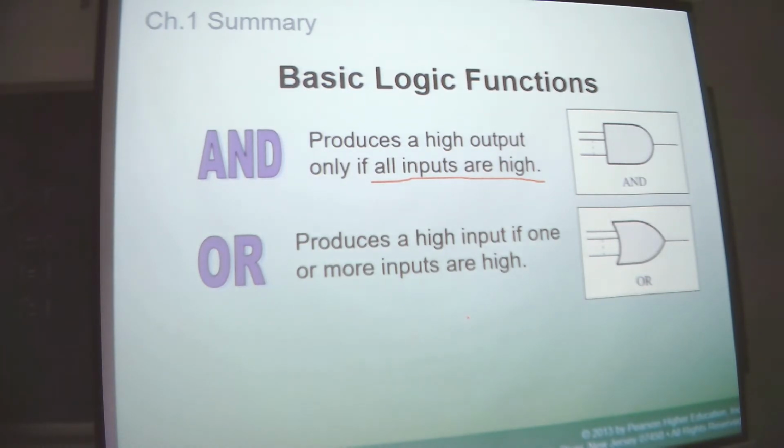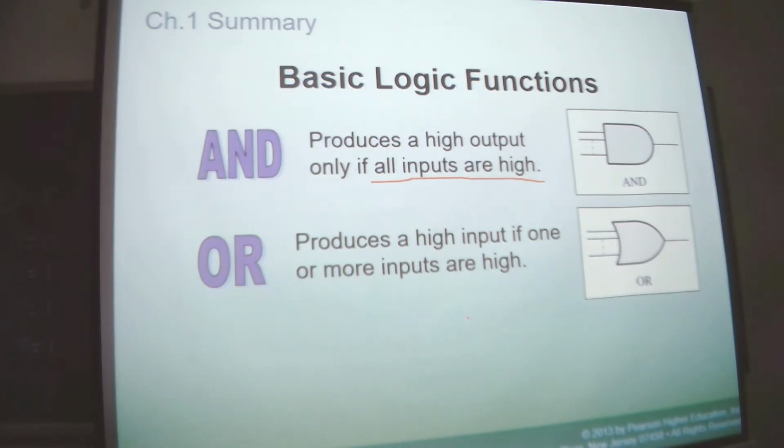A equals 1, B equals 1, Y equals 1. This is the function of the OR gate.